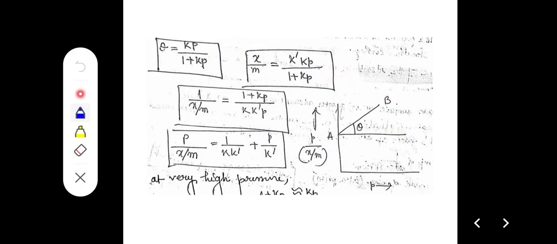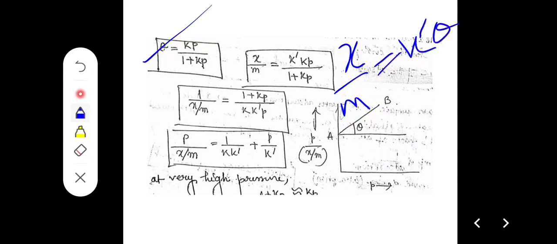Now theta equals kP by 1 plus kP. As theta is proportional to x by m, x by m equals k dash theta. So we put the value here, and x by m equals k dash kP by 1 plus kP.